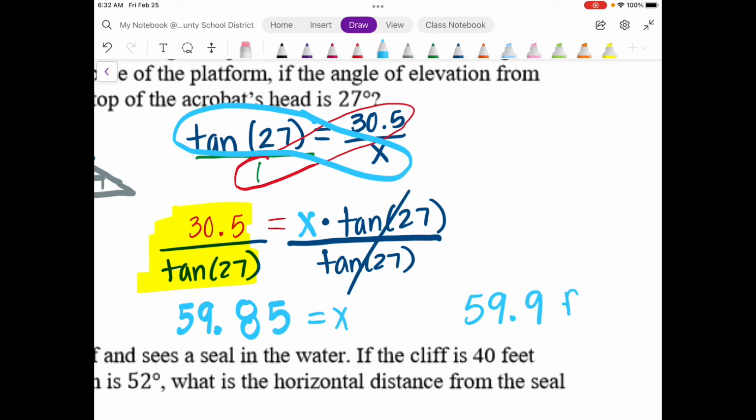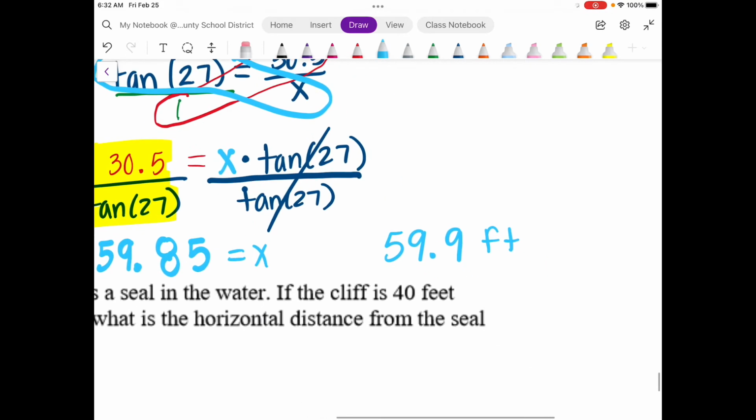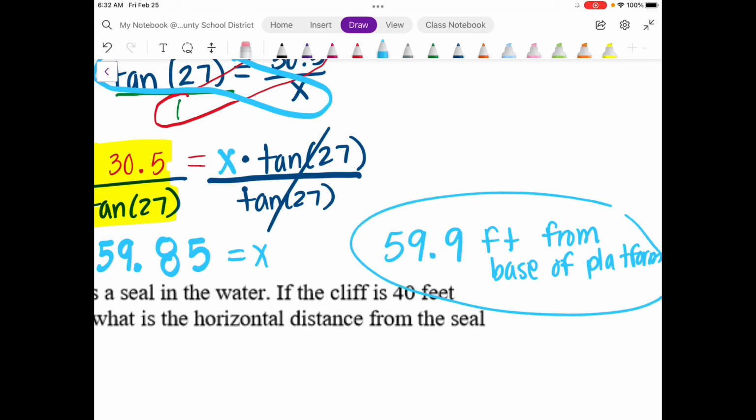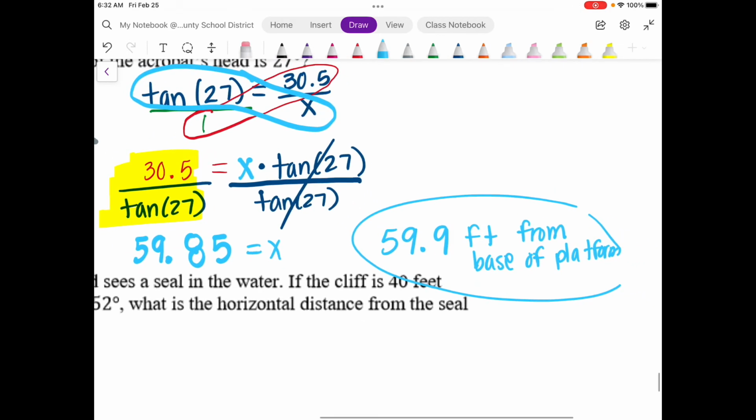And this is how many feet from the base of the platform my audience member is. If you wanted to round to 60, that's okay. If this was a multiple choice question, it just depends on how many decimal places they're rounding to, okay?